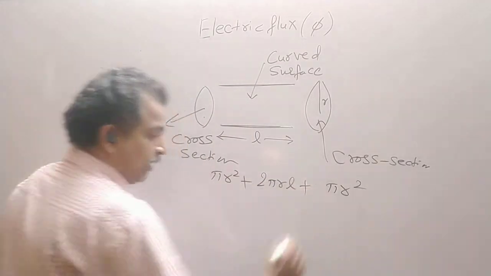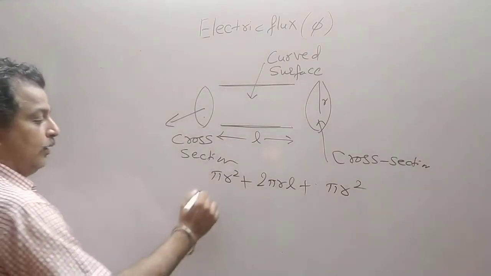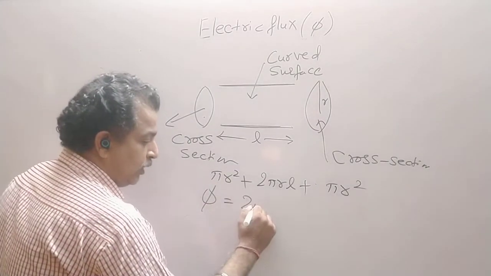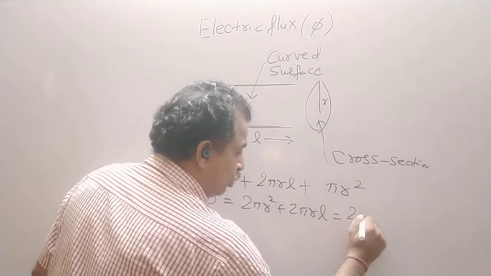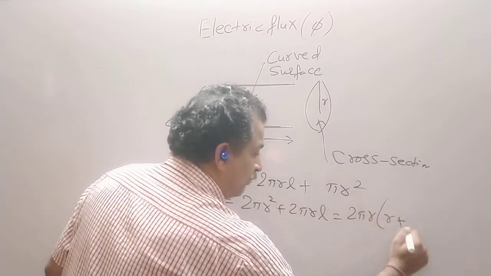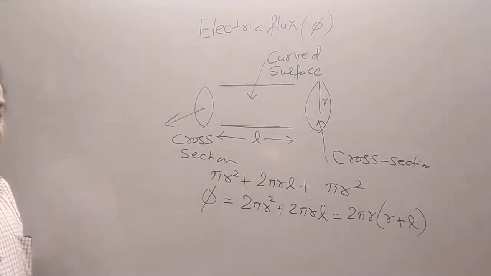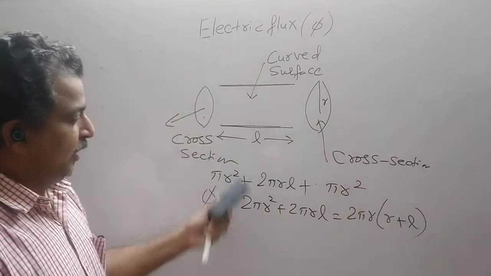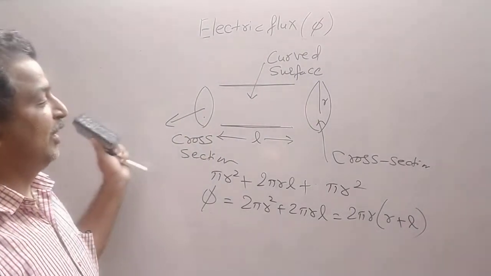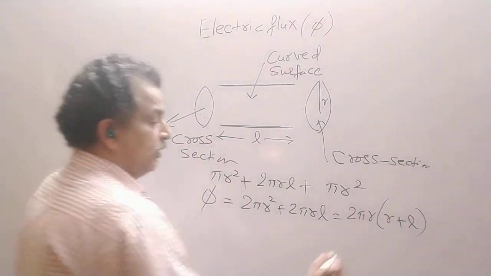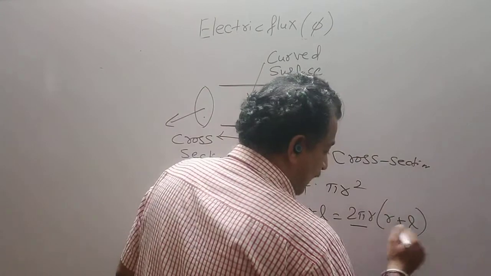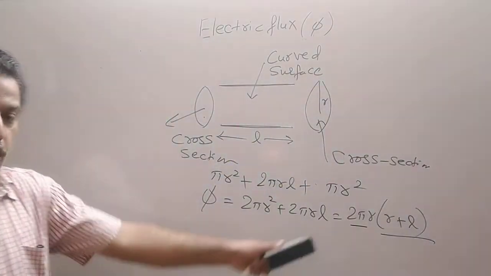So if I do the summation, the total area becomes 2 pi r square plus 2 pi r L, that is equal to 2 pi r common, r plus L or h. If you keep it vertical, we call it a height, and if you are keeping it horizontal, we call it a length. In any case, we have a formula 2 pi r, r plus h or L. This you already know.